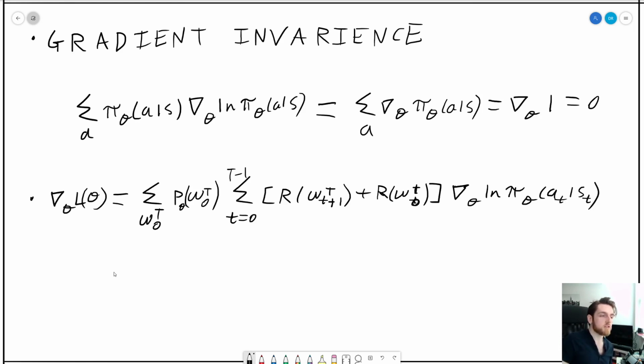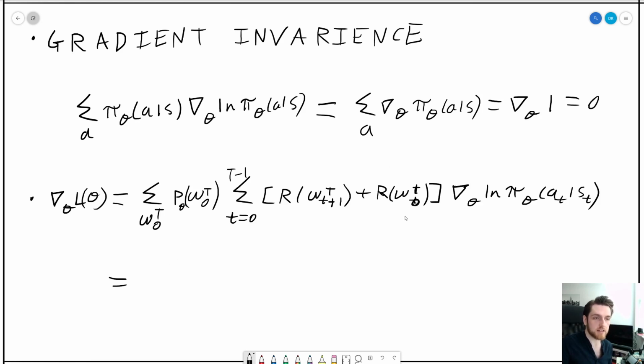And then at this point, we can use this identity to perform the sum over the probabilities back to the time step of the transition. And then we can sum over the actions to remove the first part of this return, since the reward at the time step t has no dependence on the action at.